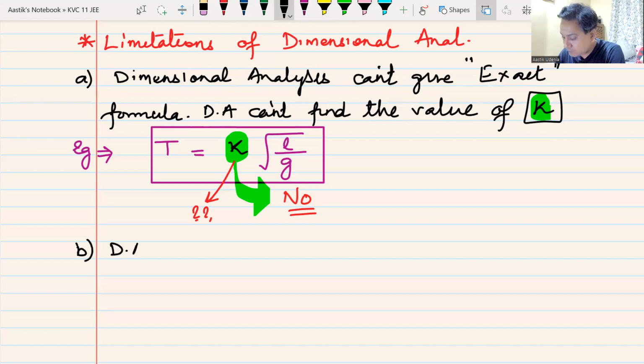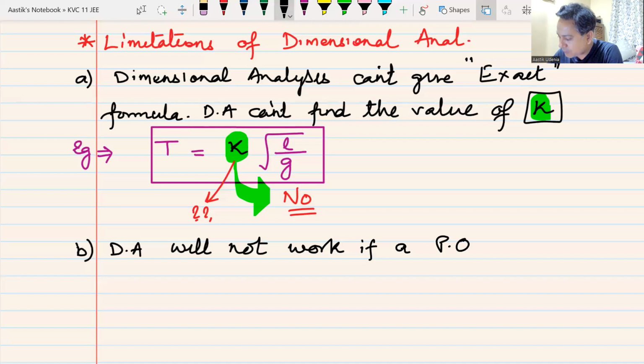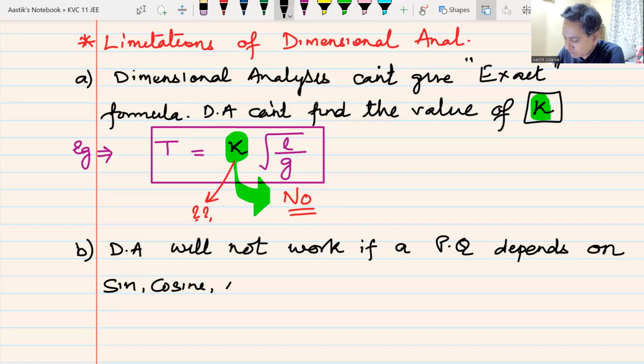Dimensional analysis will not work if a physical quantity, PQ, I hope you can understand the short form that I'm using, DA means dimensional analysis, PQ means physical quantity, depends on sine, cosine, log, or exponential terms.